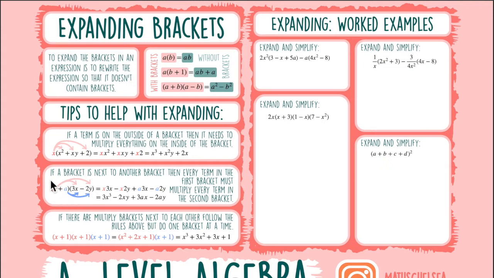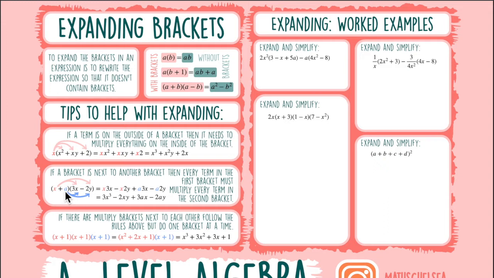Again, if we look down here, I like to draw lines to show me what I need to do. I need to take every term in this bracket and times it by every term in that bracket. So here, x must multiply 3x, so we get this here, and x must multiply minus 2y, so we get this here.